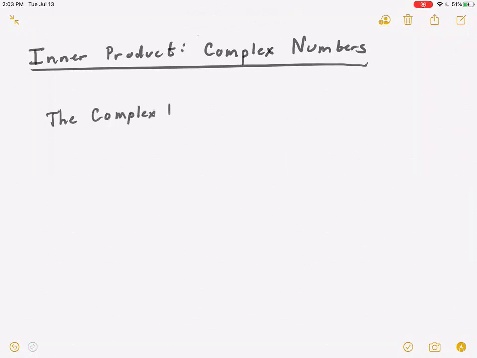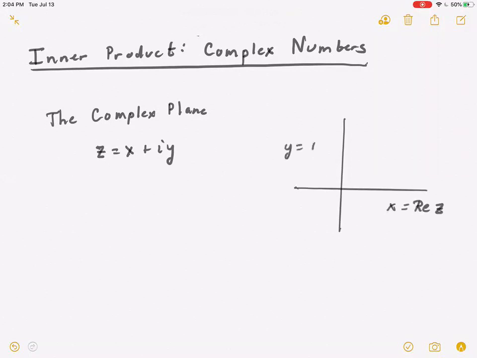The beautiful thing about the complex plane is that it allows you to express a complex number as z. And here's a picture of the complex plane, at least in 2 dimensions. The x-axis corresponds to the real part of the complex number, x, and the y-axis corresponds to the imaginary part of the complex number, z.